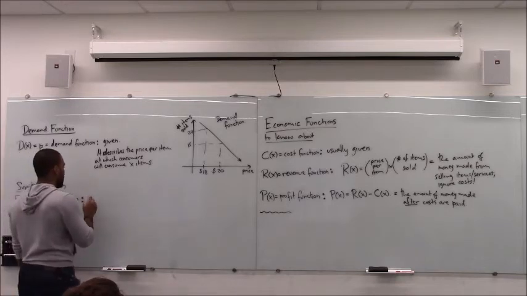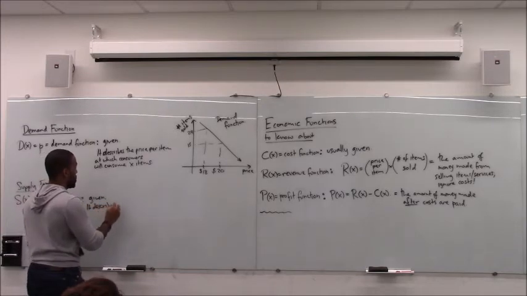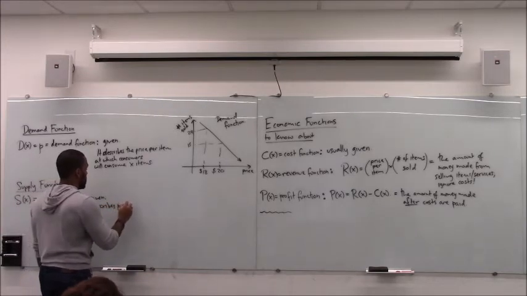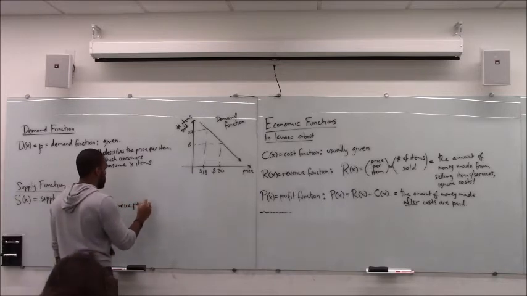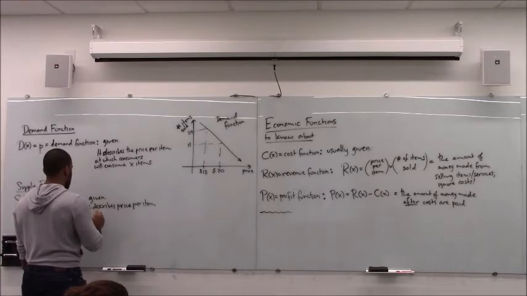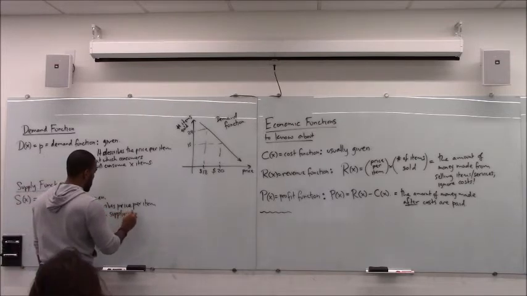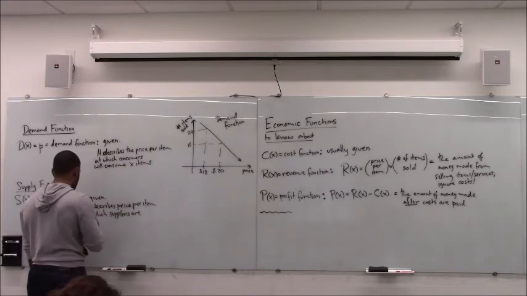So again, this tends to be given, and it describes the price per item at which suppliers are willing to produce items.